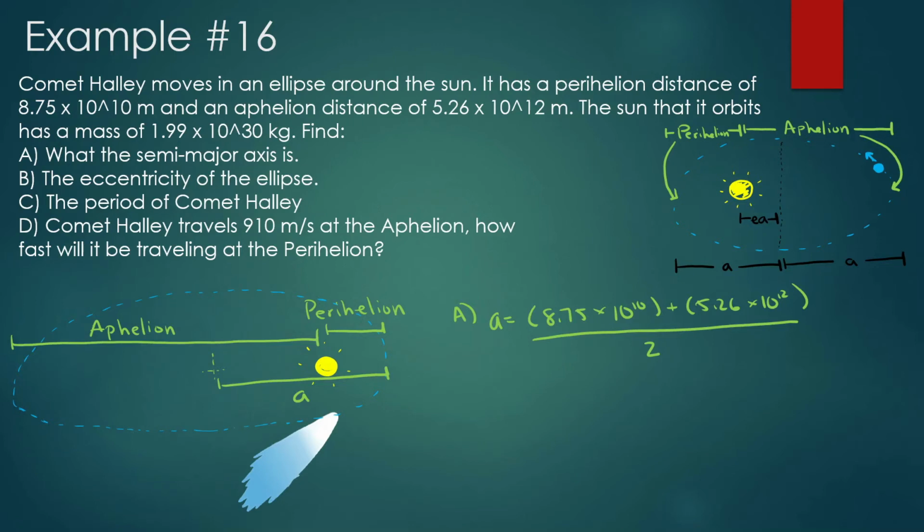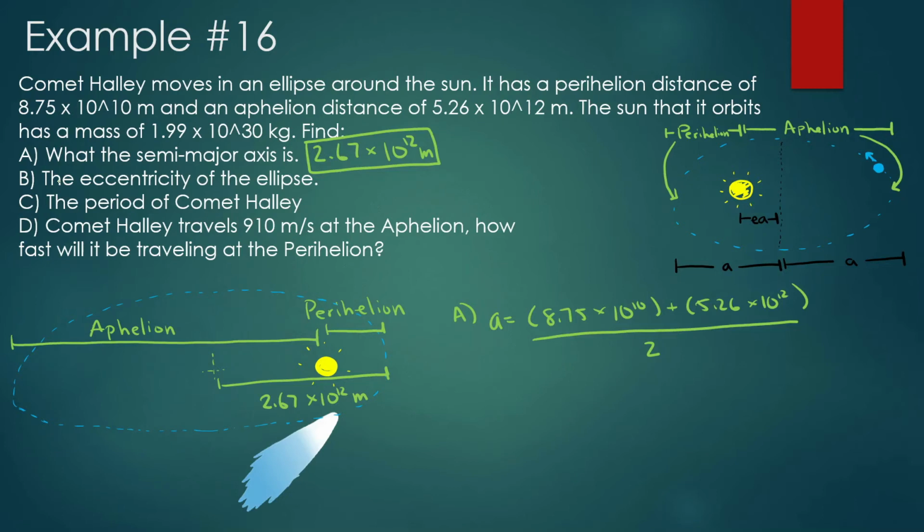Divide this by 2. And then what I get is 2.67 times 10 to the power of 12 meters. Okay? And what this is telling me is that from the midpoint, this length here is 2.67 times 10 to the 12 meters.